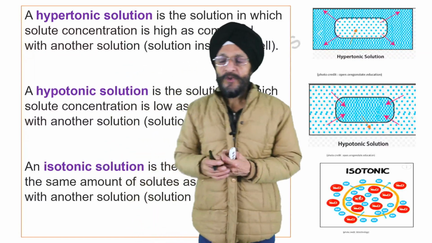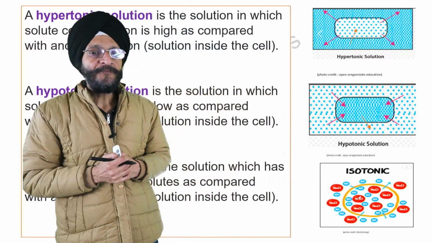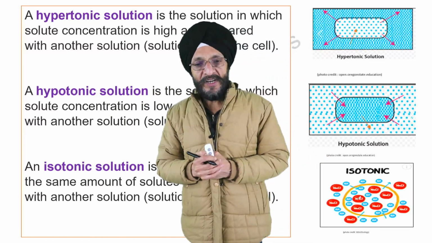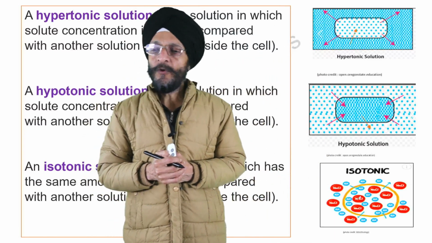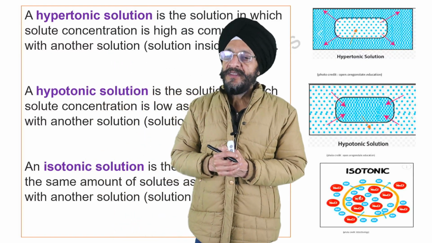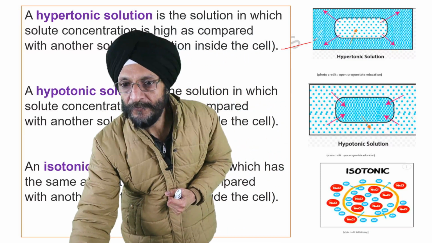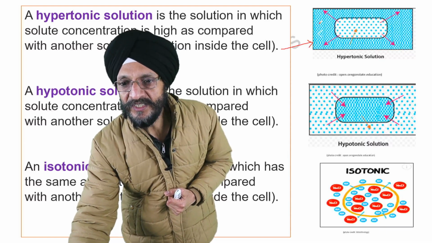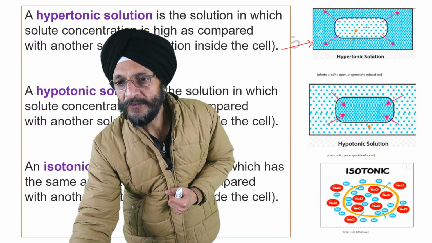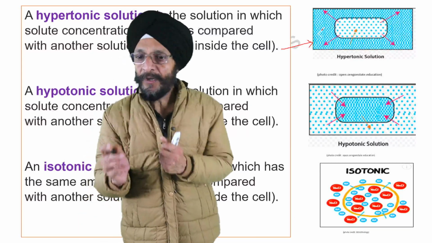Now we will understand the meaning of hypertonic, hypotonic and isotonic solution. We will try to understand the meaning with the help of pictures so that we can easily understand the definitions. First, hypertonic solution. In this picture, you can see that these dots are solutes. These are also solutes. So, we are talking about hypertonic solution.